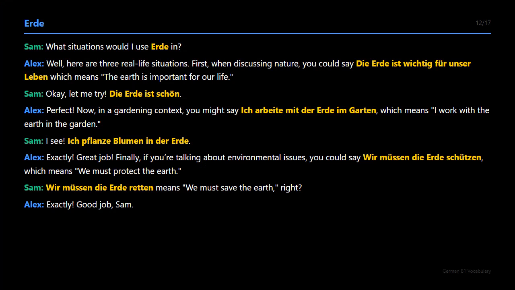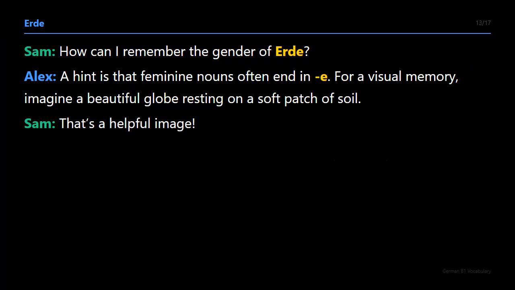Means we must save the earth, right? Exactly. Good job, Sam. How can I remember the gender of Erde? A hint is that feminine nouns often end in e. For a visual memory, imagine a beautiful globe resting on a soft patch of soil.